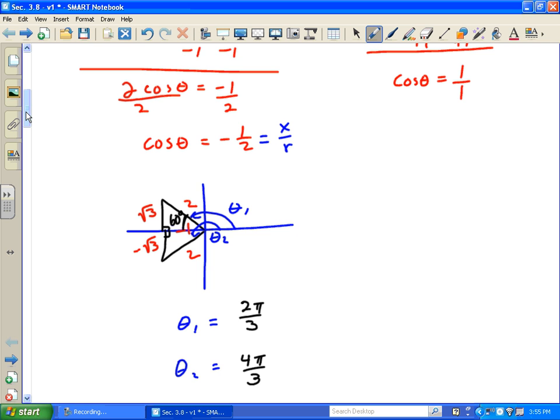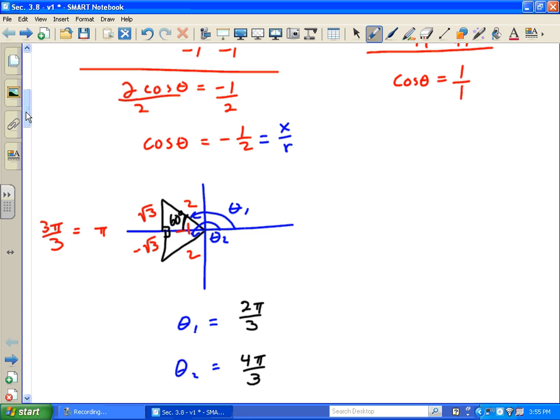We know the 60-degree angle is some multiple of pi over 3. We know that along this axis is pi. We can think of that as 3 pi over 3. So we have a pi over 3 less, which is 2 pi over 3, and we have a pi over 3 more, which is the 4 pi over 3.